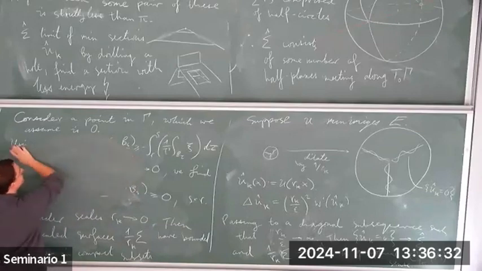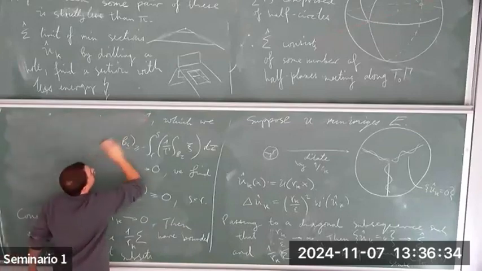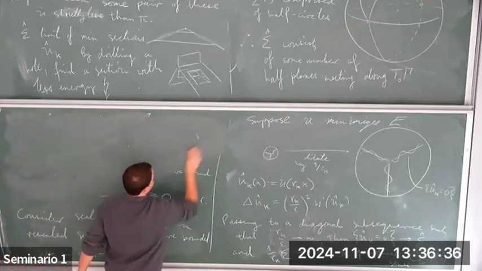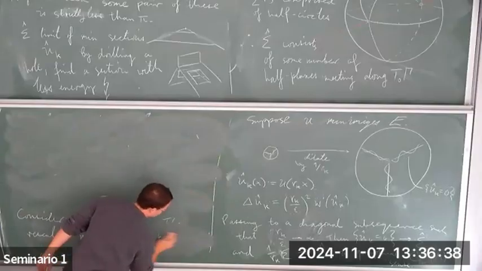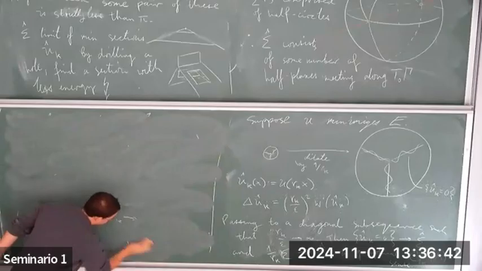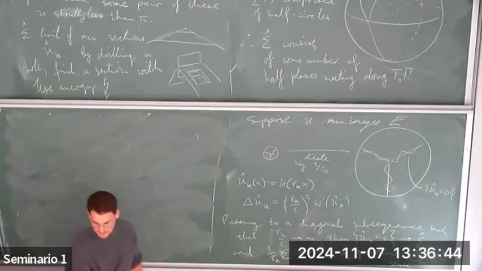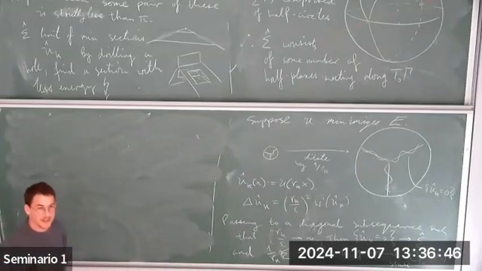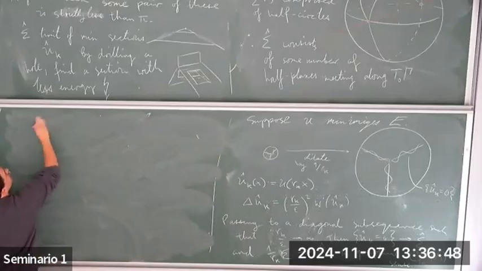So what possibilities are left? The only possibility is that we have 2 or 1. Let's consider now the case that we have 2.